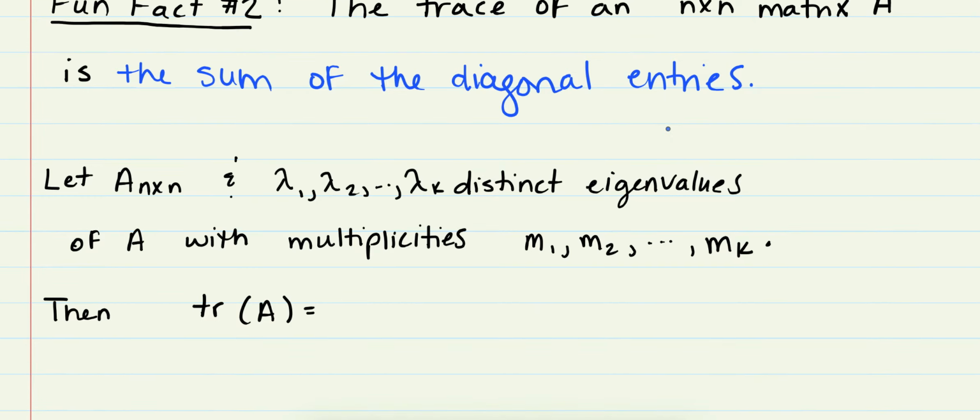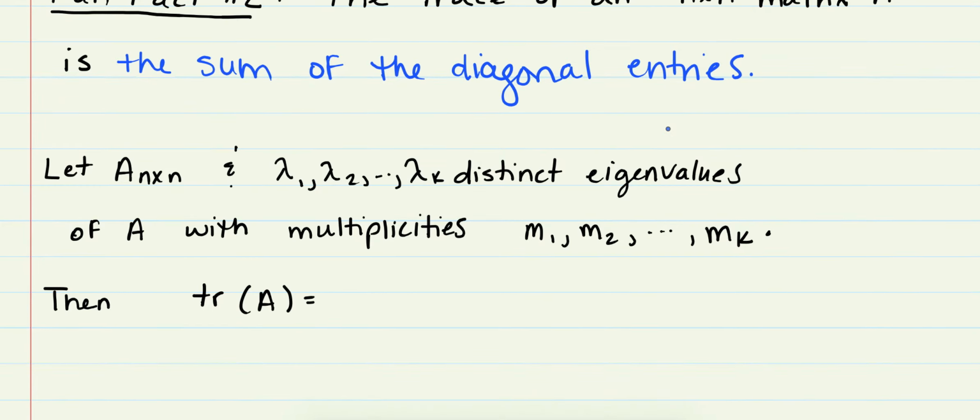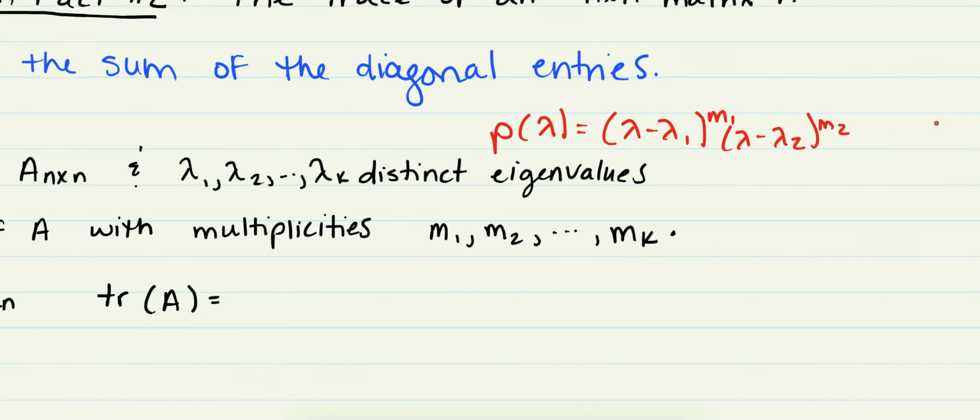So if we have an n by n matrix, and we have distinct eigenvalues with certain multiplicities, again, we can write the characteristic polynomial as lambda minus lambda 1 raised to the m1, lambda minus lambda 2 to the m2, and so on.